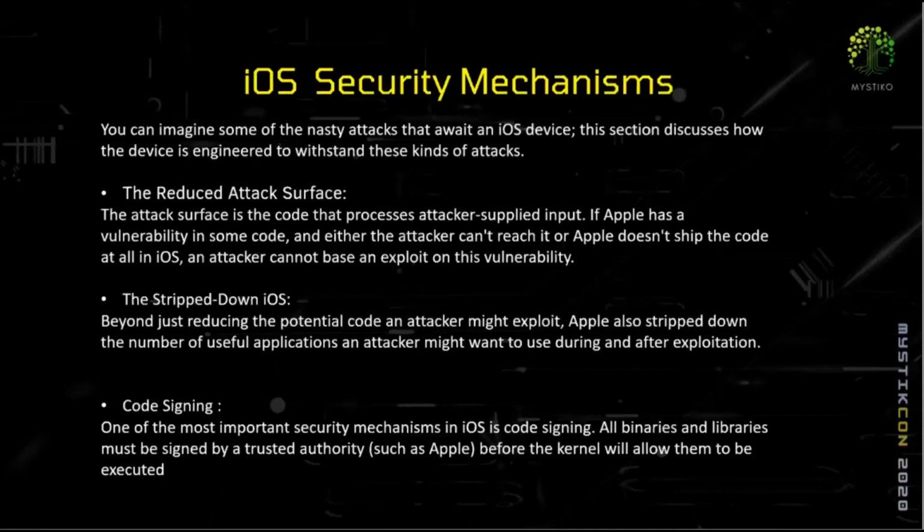So this means apps cannot change their behavior dynamically or update themselves unless and until it is authorized by the signing authority. Together, these actions prevent users from downloading and executing random files from the internet. Unless all the apps are coming from the Apple App Store, they will not be installed at all.